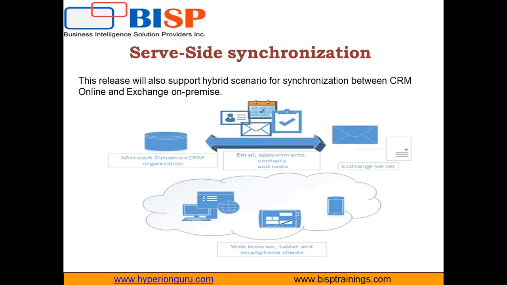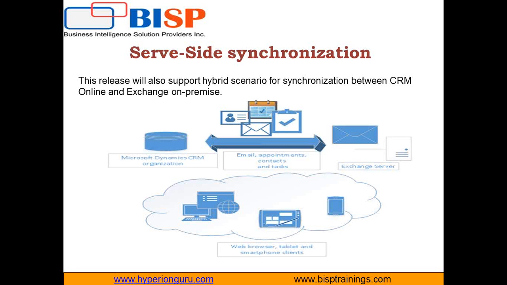Next, we have server-side synchronization. With server-side synchronization, administrators can easily manage the synchronization of email, tasks, appointments, and contacts between CRM and Exchange. Server-side synchronization is the preferred option for organizations with users who run Microsoft Dynamics CRM in a web browser or on a mobile device.